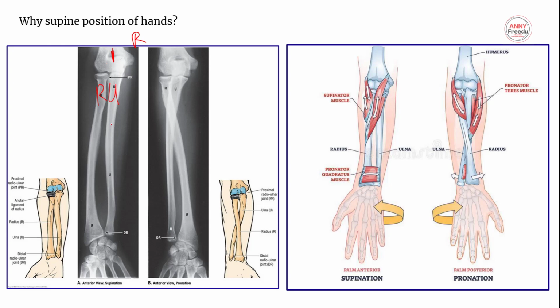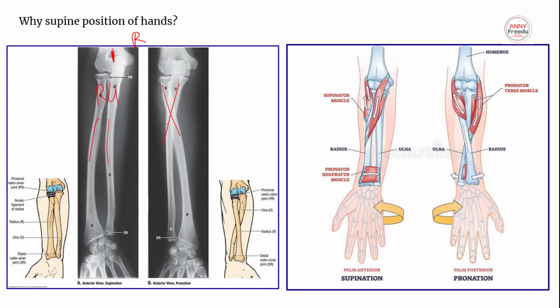In supine position, when the palm is facing upward, these 2 bones are parallel. But in the prone position, radius and ulna crisscross each other. So radius crosses over the ulna, and ulna also changes position, and it creates a more complex relation. We don't want that complex relation in anatomical position.